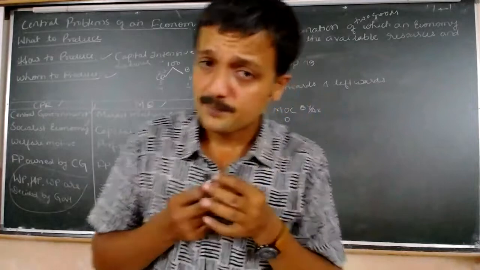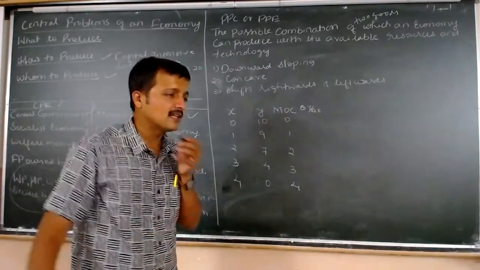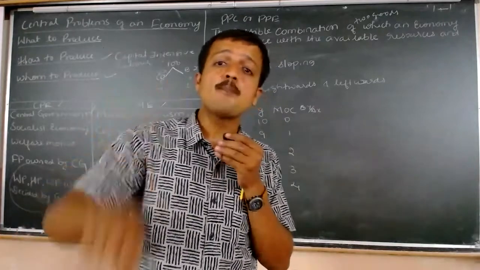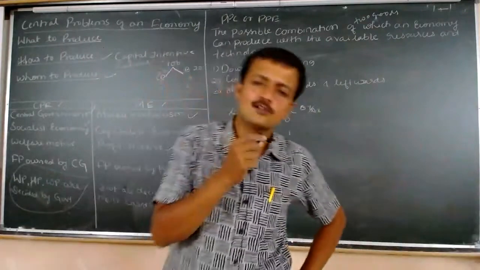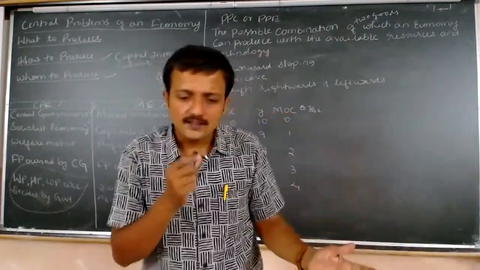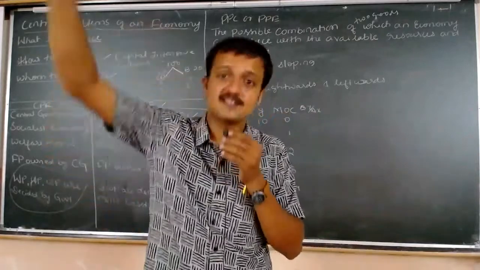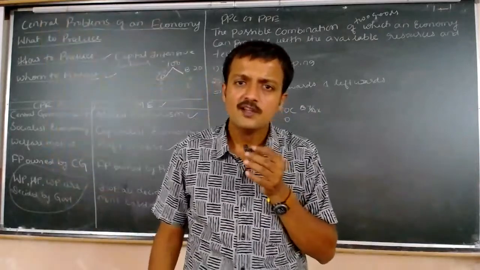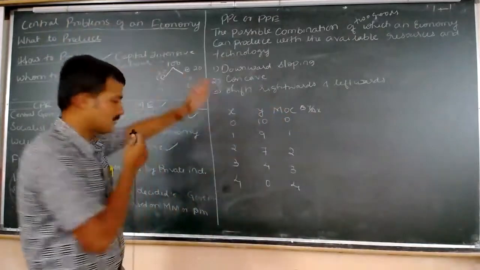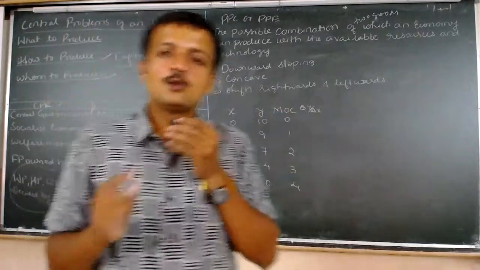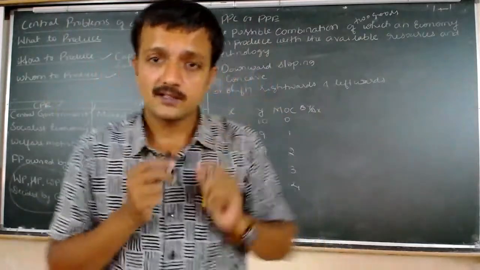Now remember, PPC has a unique assumption here, that is about marginal opportunity cost. Now what is meant by marginal opportunity cost? It says that marginal opportunity cost increases. For example, in this present example, to buy the first cold drink, you have sacrificed one burger.